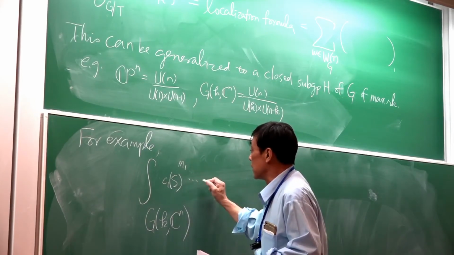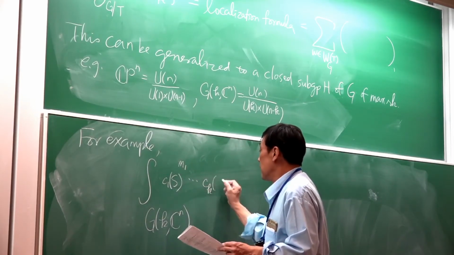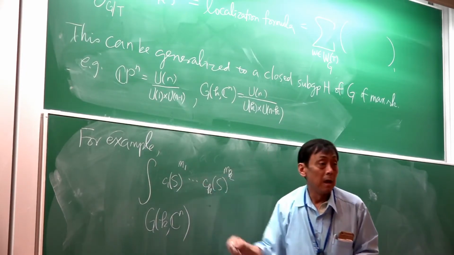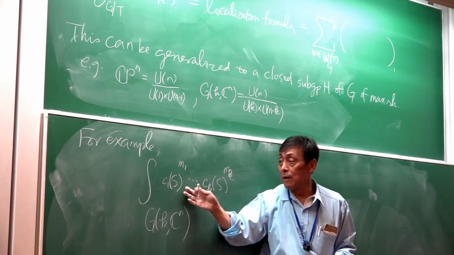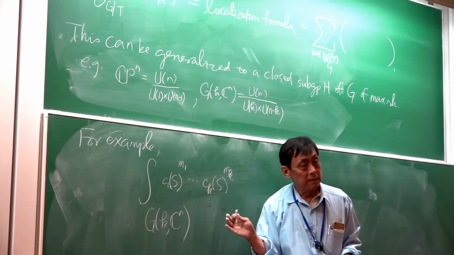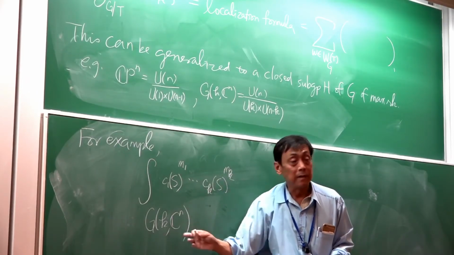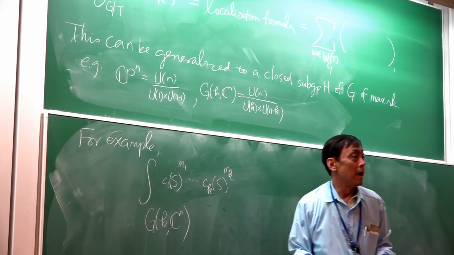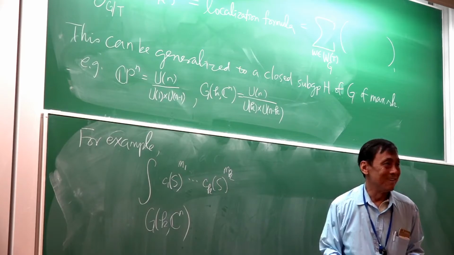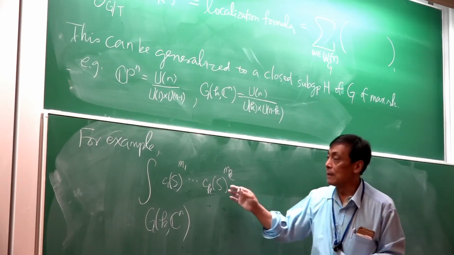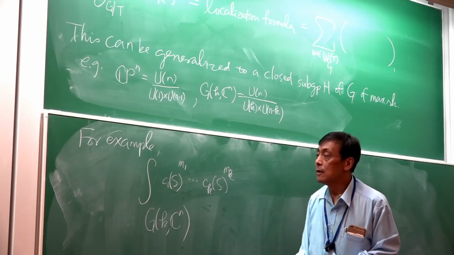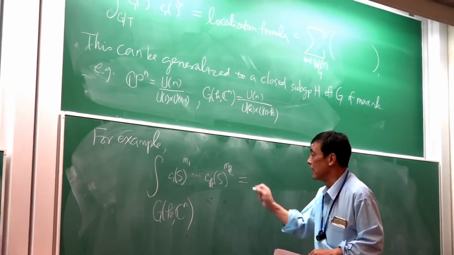So you can take the Chern classes of the subbundles, multiply them together until you get the right dimension, which is k times (n minus k), and you integrate, then you should get a number. So that number will be this particular Chern number.